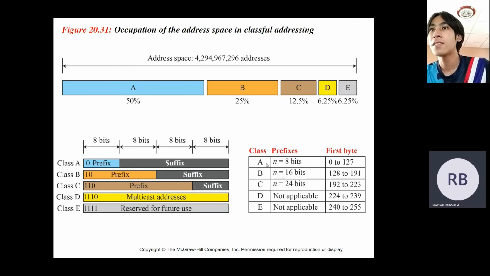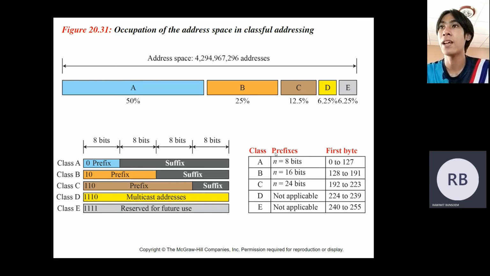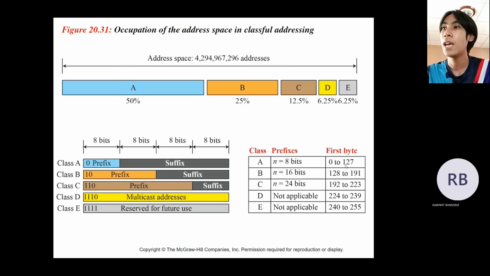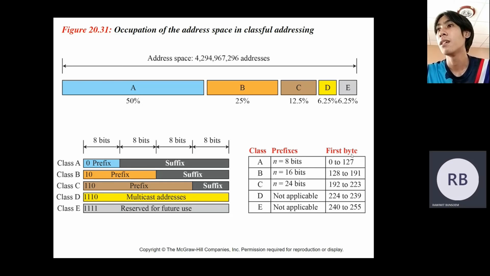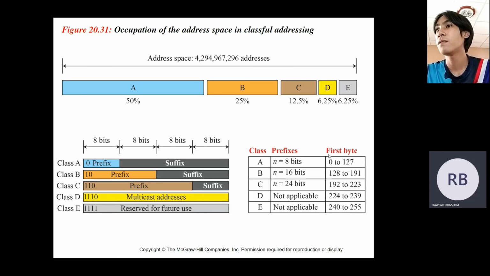Class A has prefix n equal to 8 bits, and the first byte is 0 to 127. Class B has prefix n equal to 16 bits, and the first byte is 128 to 191.